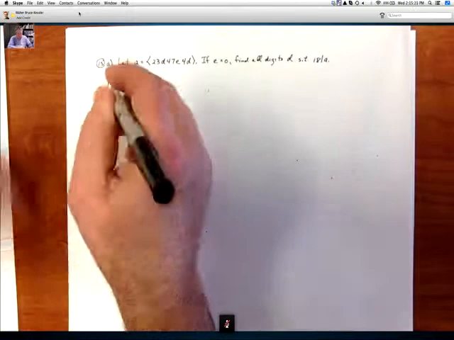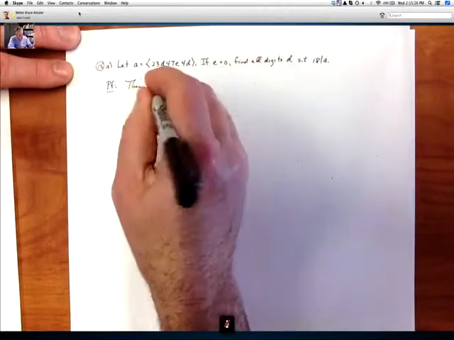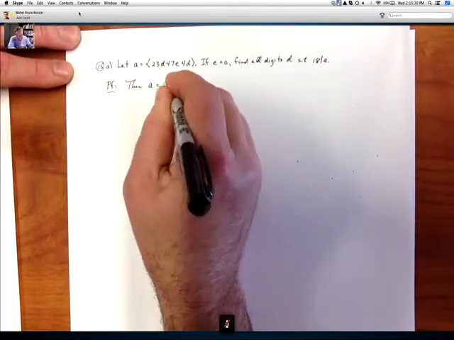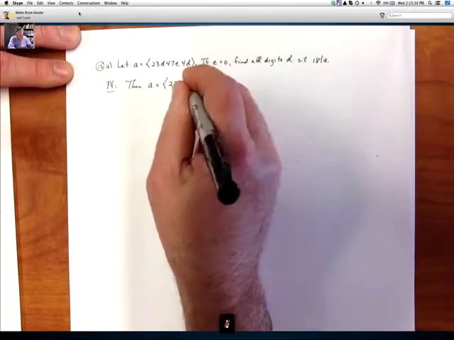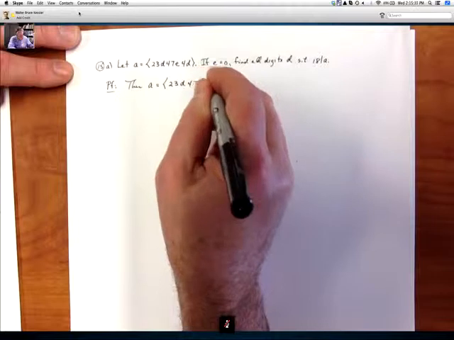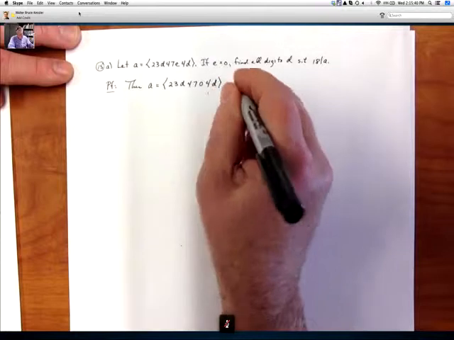So, okay. Then here's my, I don't know if this is a proof or not, we're solving. But then we know, let's get 0 in here. So then A is equal to 2, 3, d, 4, 7, 0, 4, d. Okay?